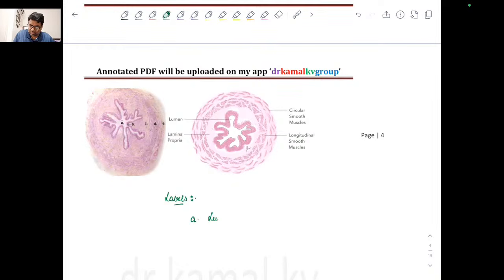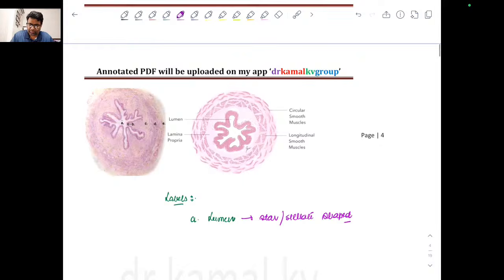A is lumen, and as I already told you, what is the shape of the lumen? Somewhat like a star. So this is characteristic star shaped or stellate shaped. The moment you have a picture something like this, that is ureter.